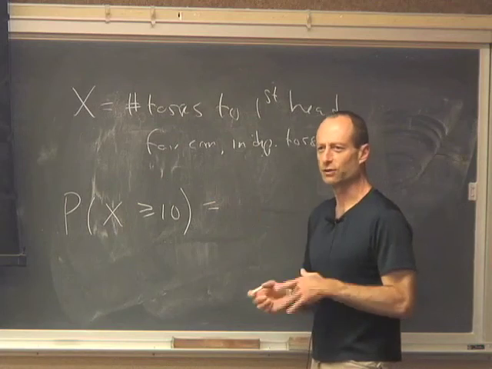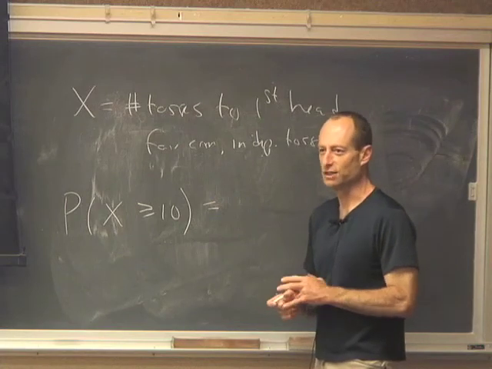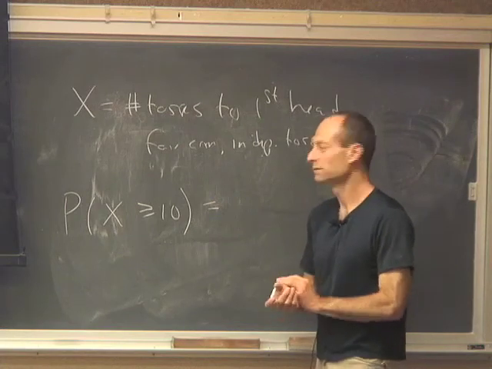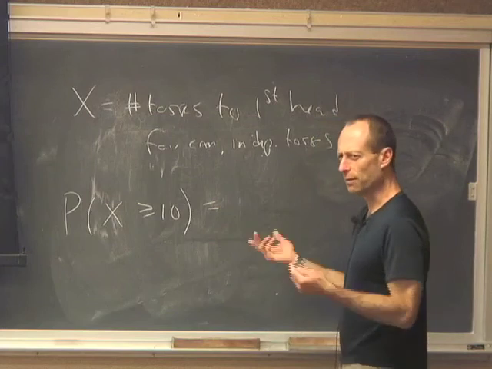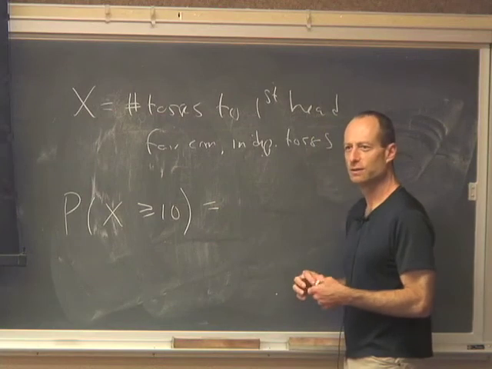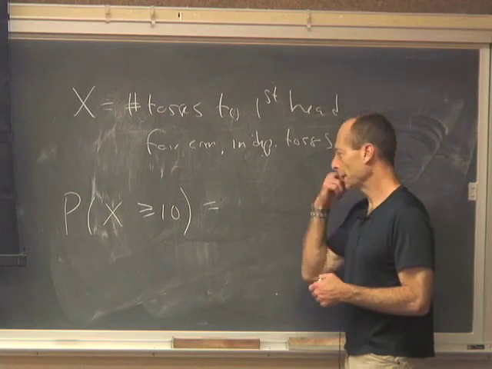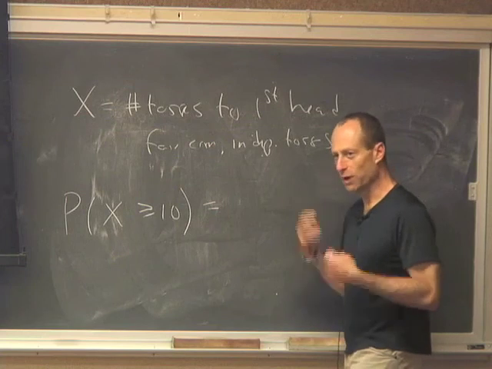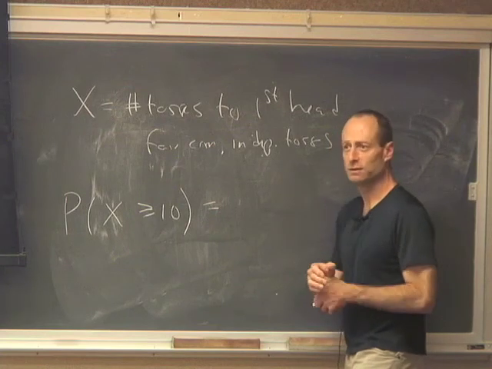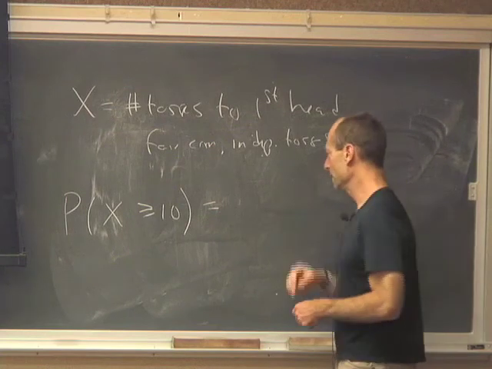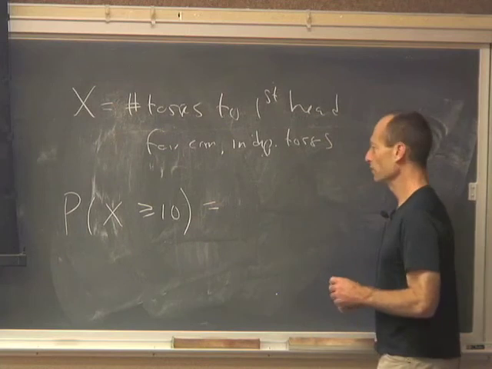How would I actually calculate this? Get the exact number. What's the probability distribution? Okay, it's geometric with parameter p equal to a half. So what's the chance?